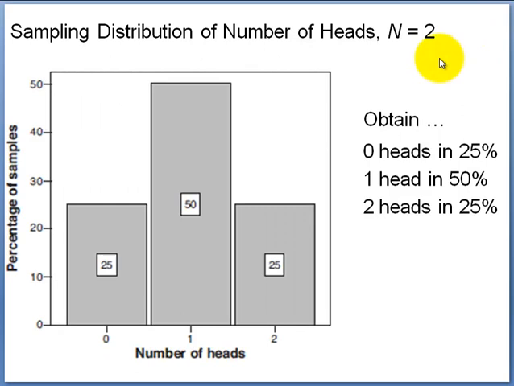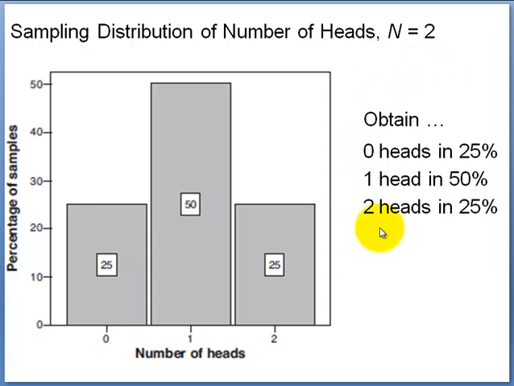Now let's go ahead and build a sampling distribution of the number of heads where n equals 2, in other words, where we toss our unbiased coin 2 times and then record the number of heads.